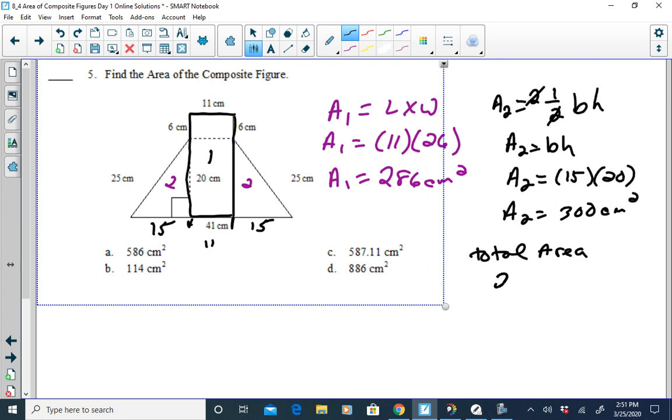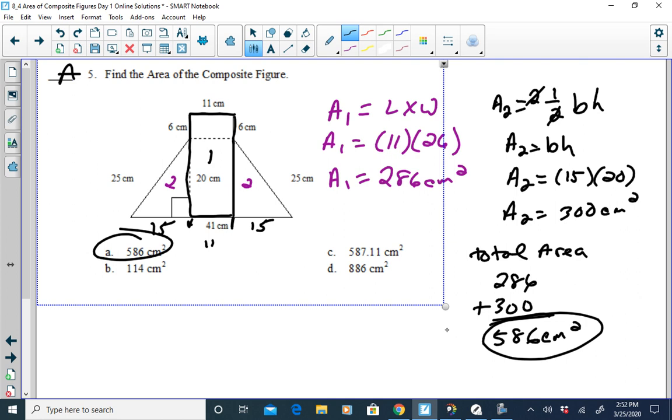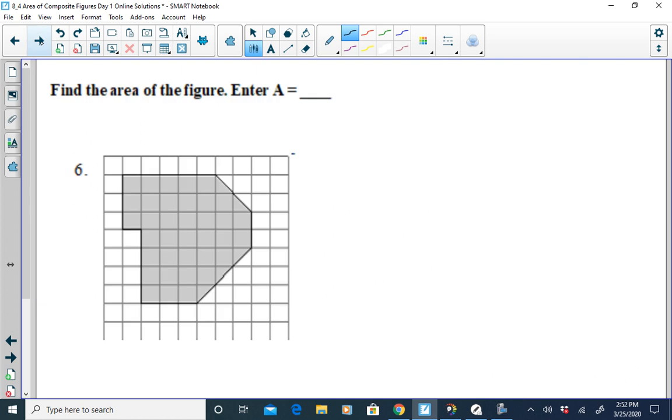So that's 286 plus 300, which should be 586 square centimeters, and that's answer A.